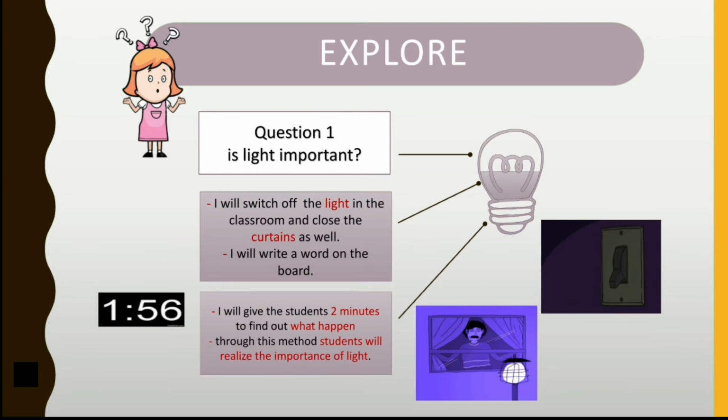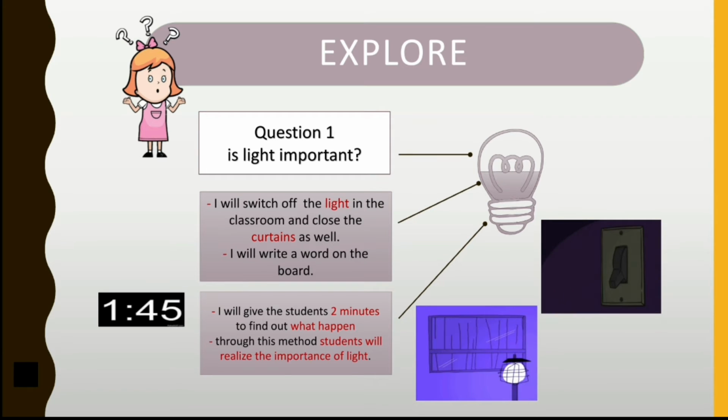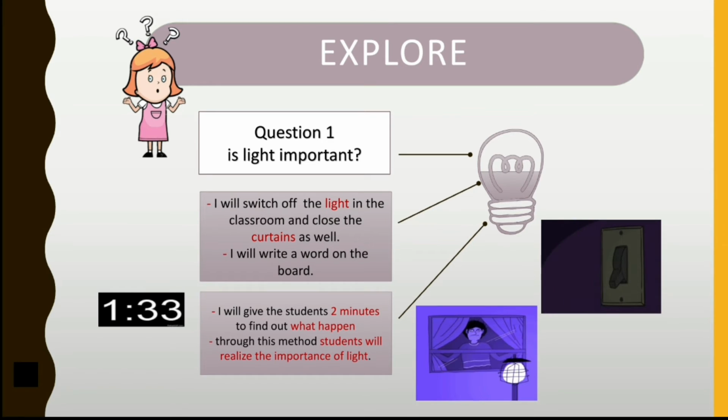However, for the first question, which is why light is important, I will close the light of the classroom and the curtains as well. Then I will write a word on the board and ask them to read what I wrote.